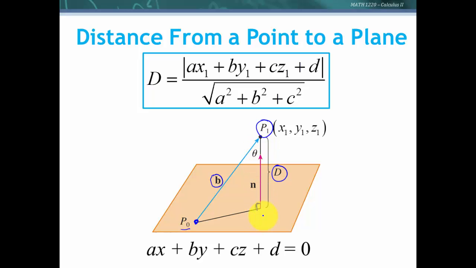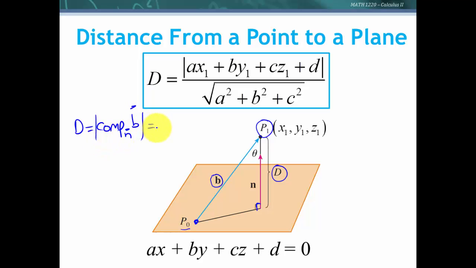When we have that vector that runs between those 2 points, if we can figure out the projection of B onto the normal vector, we will have the distance. So that's what we want to do. We're going to find D, and it's going to be the component of B onto normal vector N. We actually want the magnitude of that because we want a distance.